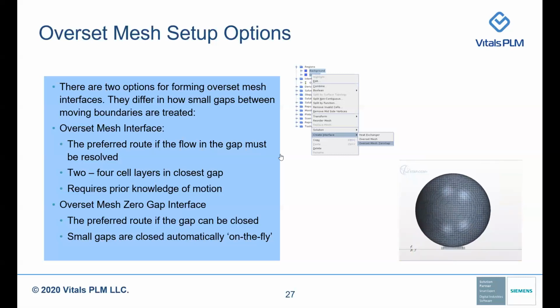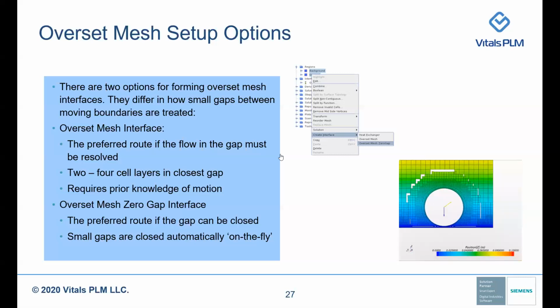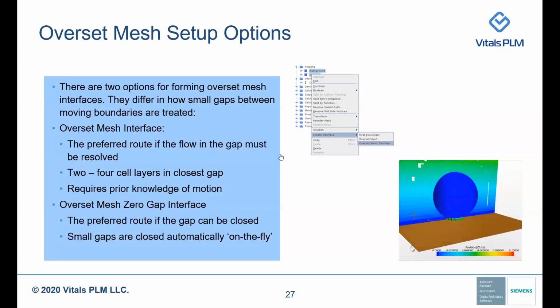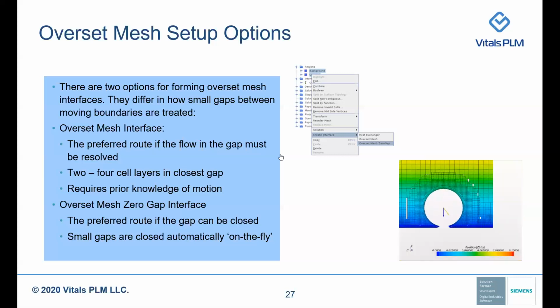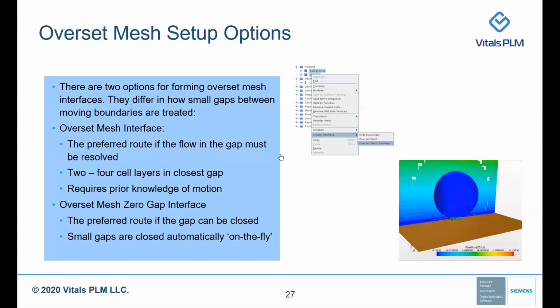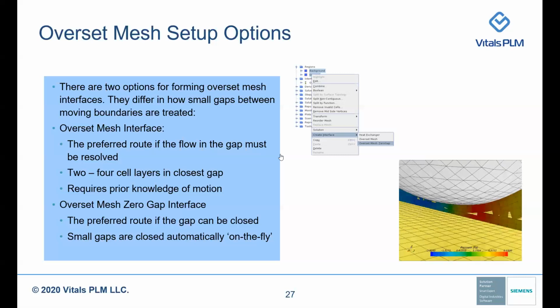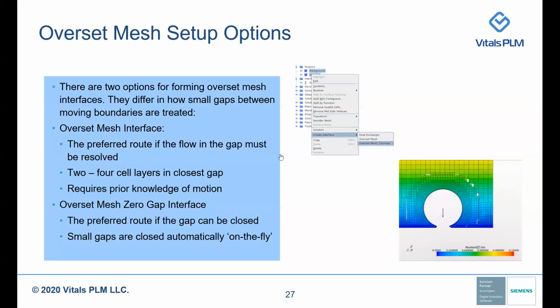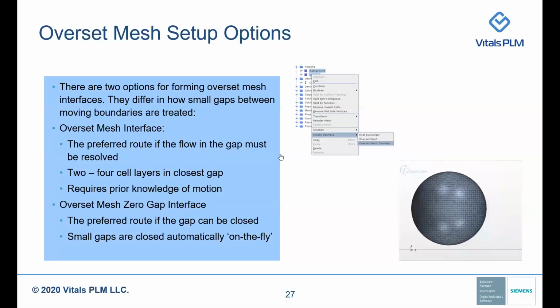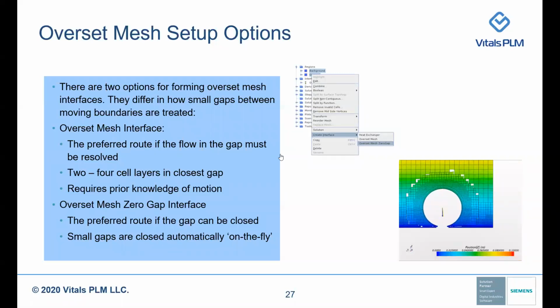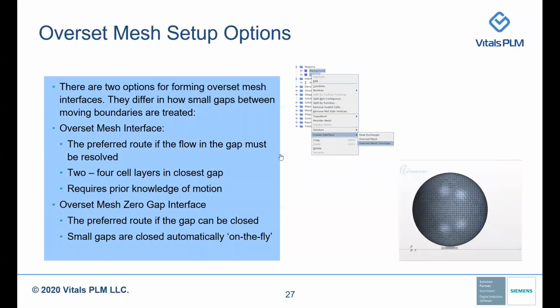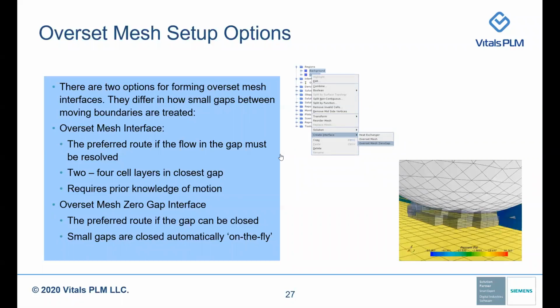Here in this example, we see a sphere touching the ground, and there is a small gap that needs to be resolved and preserved. Using the overset mesh interface, by keeping at least 4 cells in that gap, we are able to resolve the gap between the sphere and the ground.